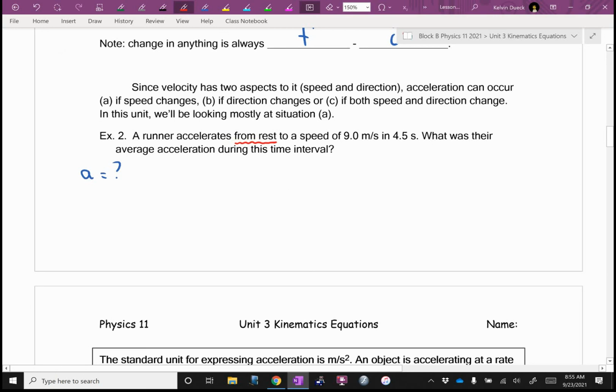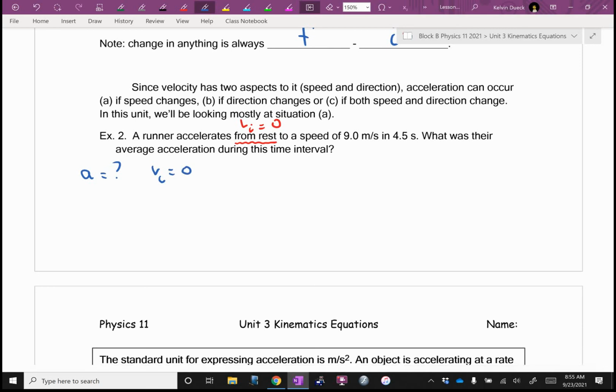And in fact, that's a good habit to get into if you ever see the phrase from rest. Worth underlining because it tells us something. It tells me that my initial velocity is, as a number exactly, what? Yep. When I see from rest, I can say I know vi is 0.